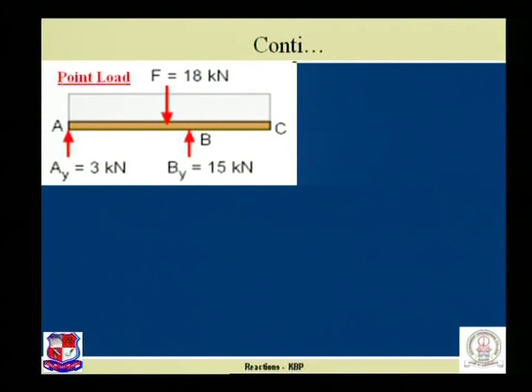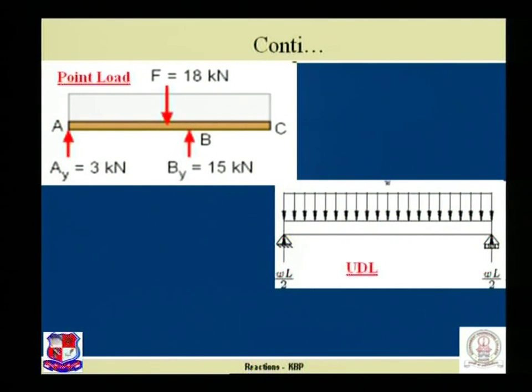This is an example of the point load, how the point load acts. What are the characteristics of the point load? It has a magnitude as well as a unit and acts at a certain point, like By, the reaction acting at point B, which is 15 kilonewton.